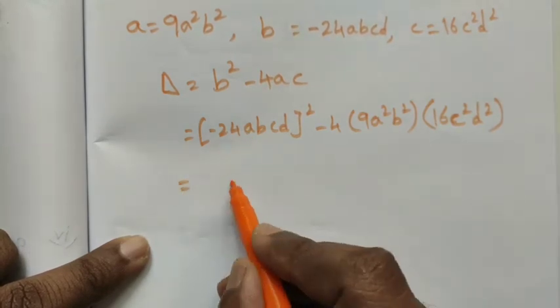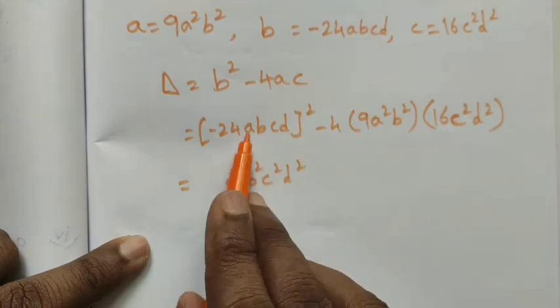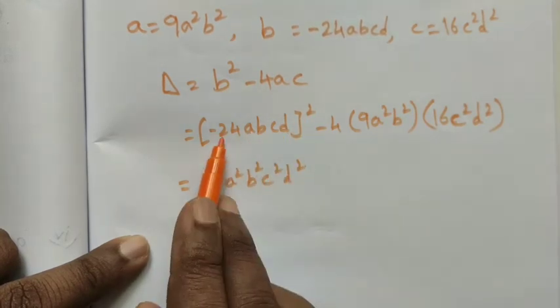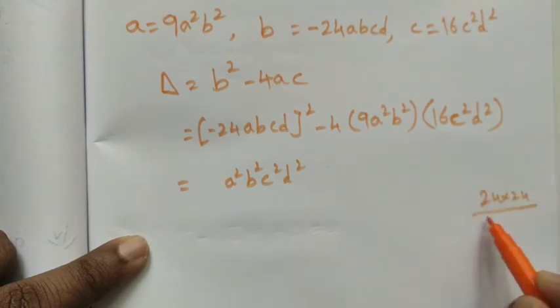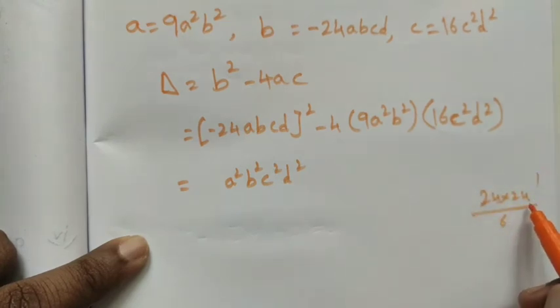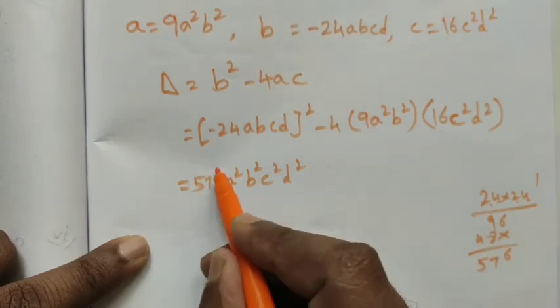Now when we square the terms, all the terms get squared. 24 into 24 is 576.